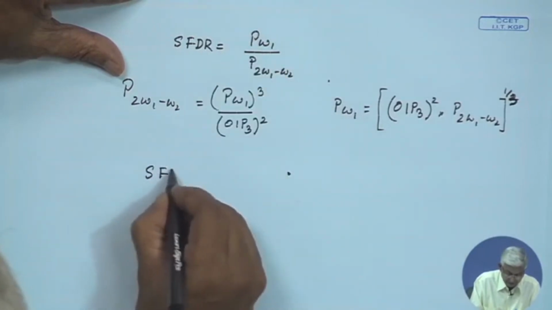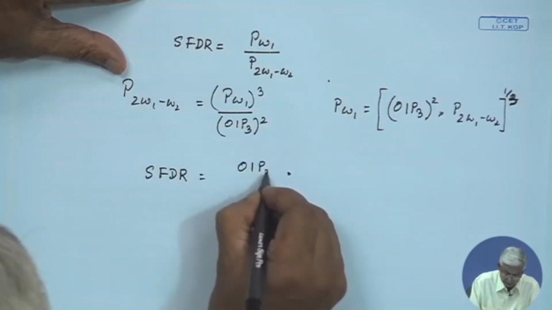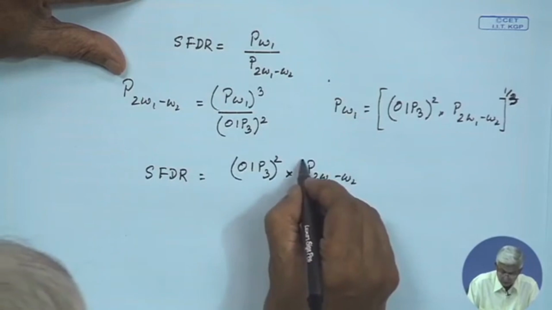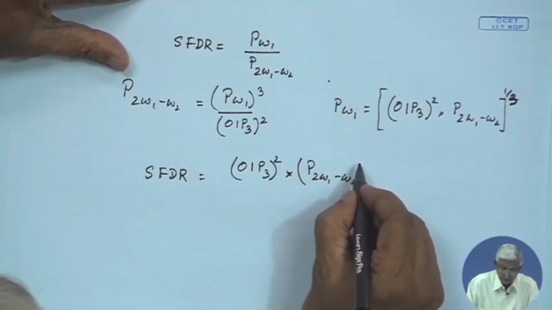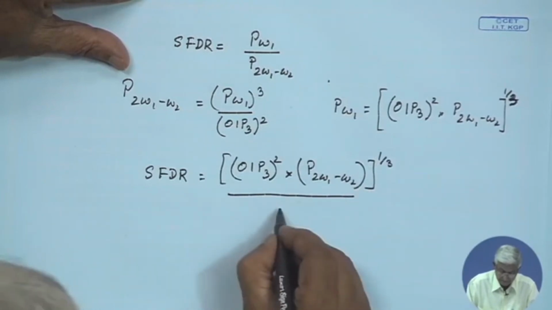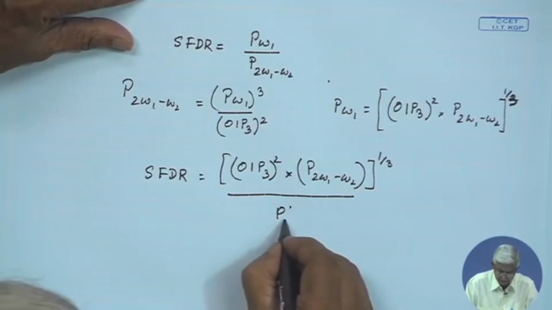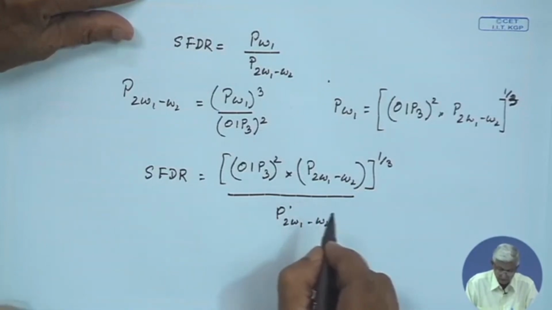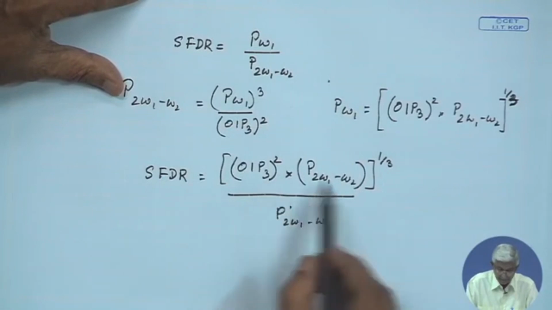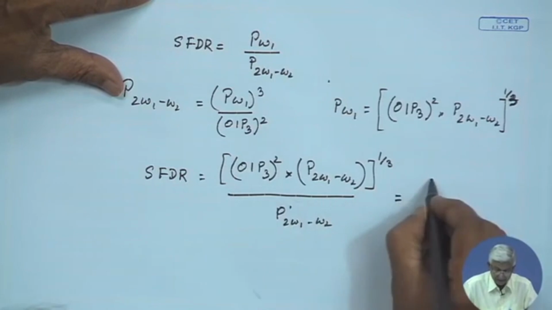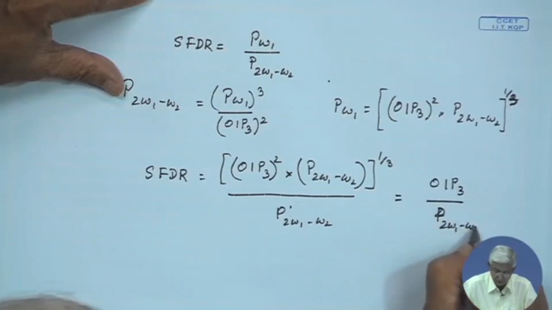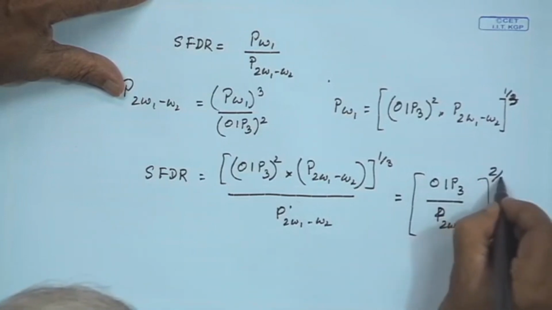So, we can get SFDR is equal to OIP3 square multiplied by P(2ω1 minus ω2) to the power 1/3 by P(2ω1 minus ω2). So, I replaced P(ω1) here, and by readjusting this we can get it is equal to OIP3 by P(2ω1 minus ω2) to the power 2/3. This is in ratio.